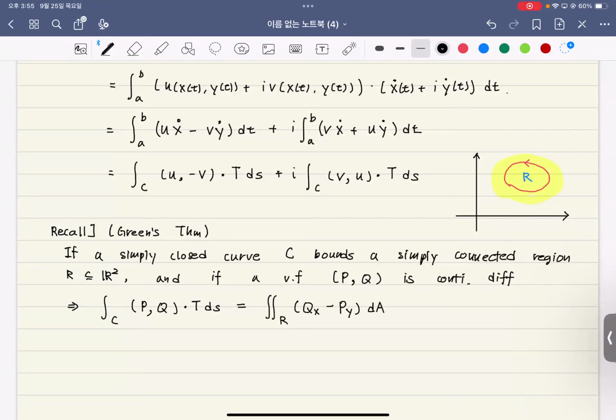So this line integral must be the same as this double integral. That is basically Green's theorem.